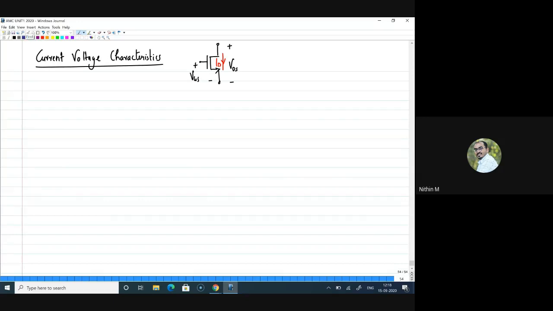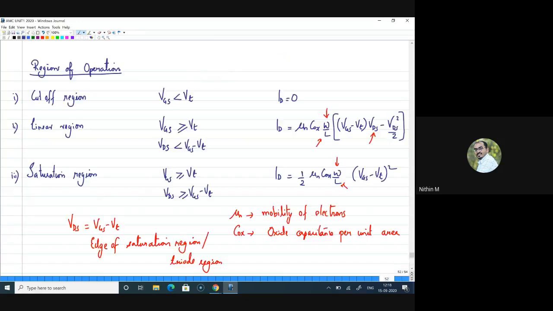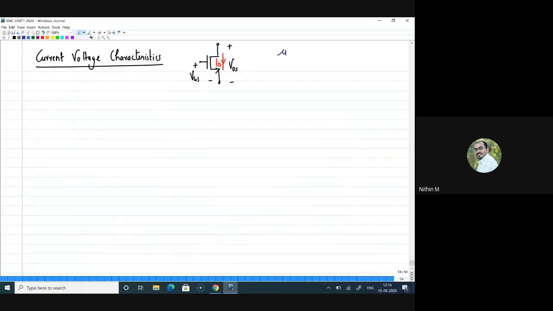This exercise we will do with the help of the current equation. For that I am giving you the values of mu n and Cox. Since the unit is amps per volt square, here the value is 100 microamps per volt square. Threshold can be taken as 1 volt, and assume that W by L, the width and length of the channel, is 1.